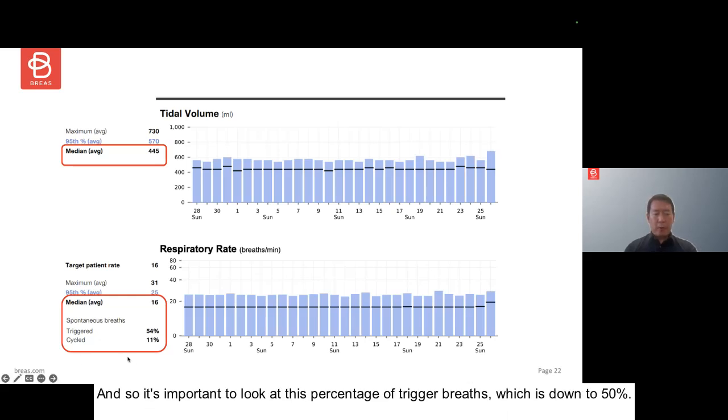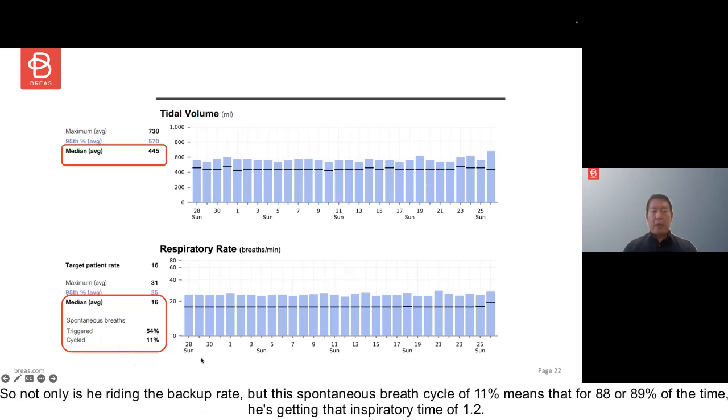And so it's important to look at this percentage of triggered breaths, which is down to 50%. So not only is he riding the backup rate, but this spontaneous breath cycled of 11% means that for 88 or 89% of the time, he's getting that inspiratory time of 1.2.